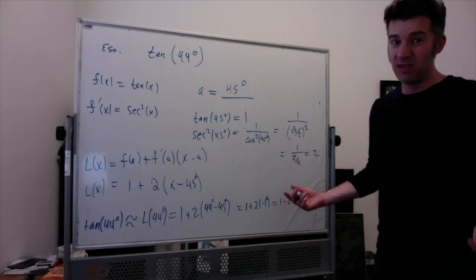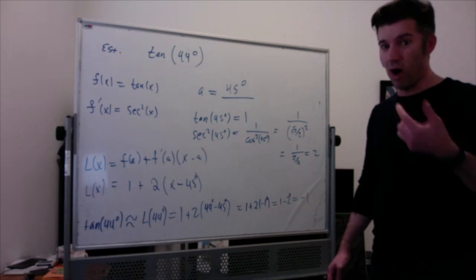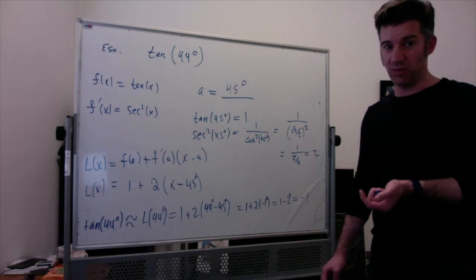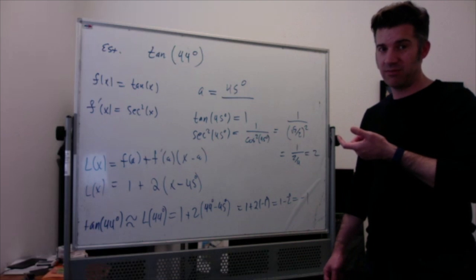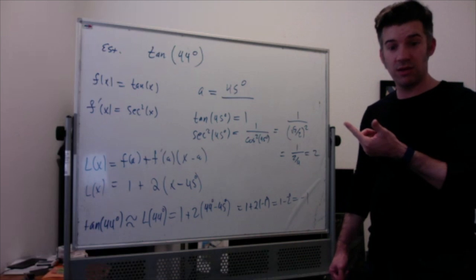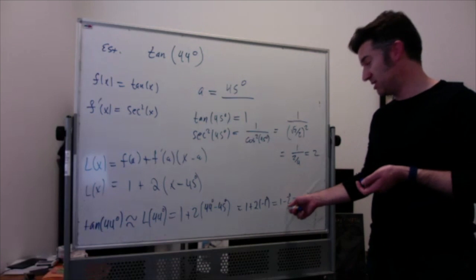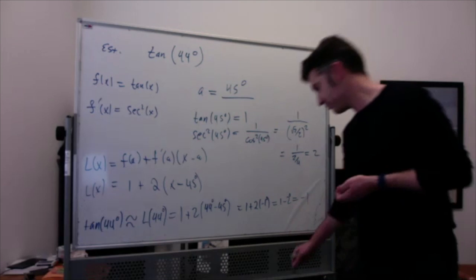But it's not 1 degree minus 2 degrees. It is 1 minus 2 degrees. The problem is degrees have a dimension or unit, but radians don't. So we actually need to change this degree measurement to radians.